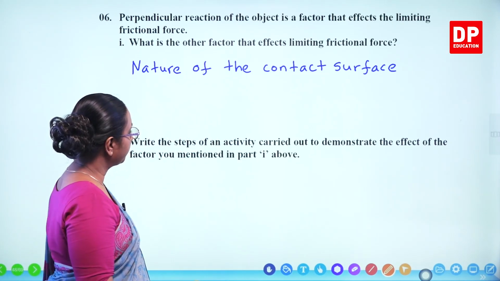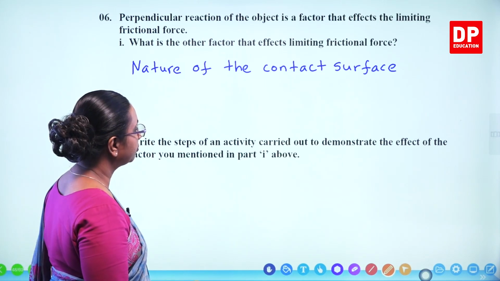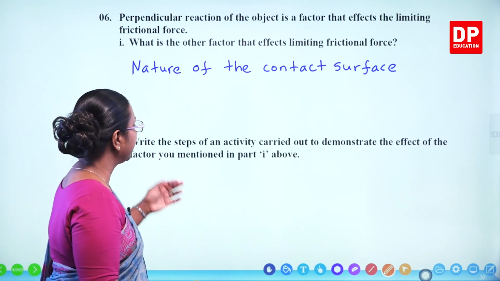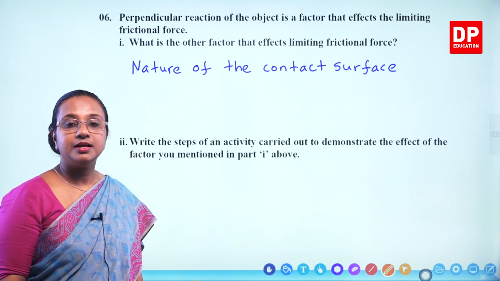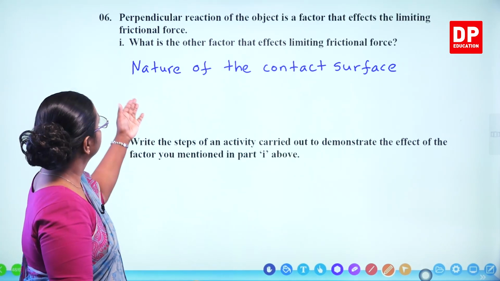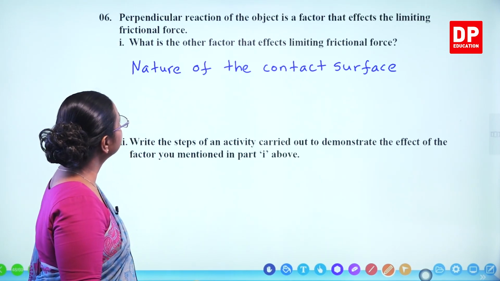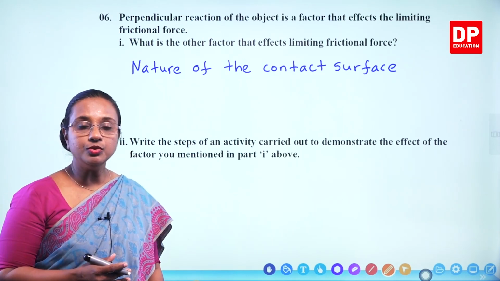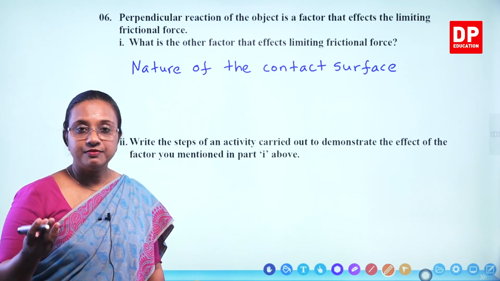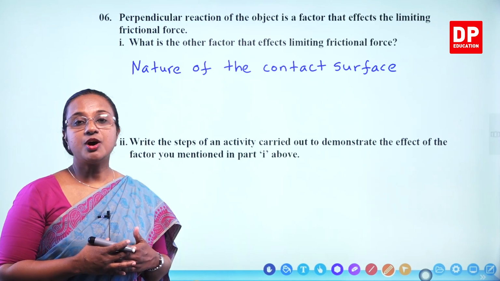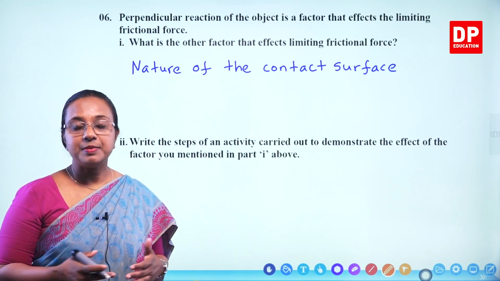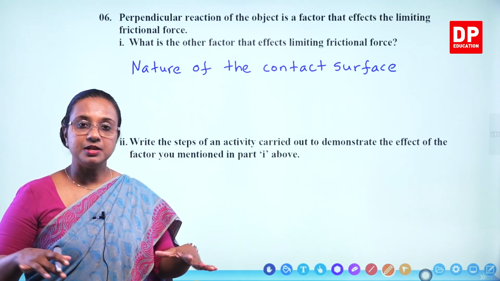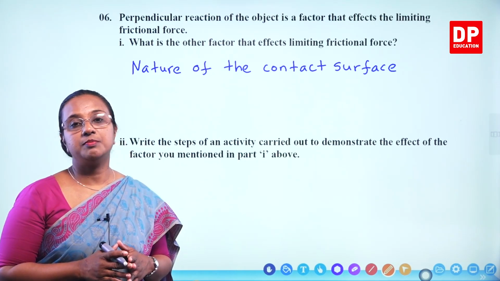Write the steps of an activity carried out to demonstrate the effect of the factor you mentioned in part 1 above. So to test the effect of nature of contact surface, what did we do? We use different types of sandpaper. Sandpaper with different roughness was pasted to the table or you can paste it to a wooden block.